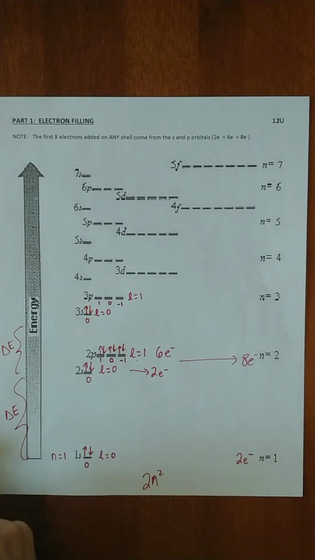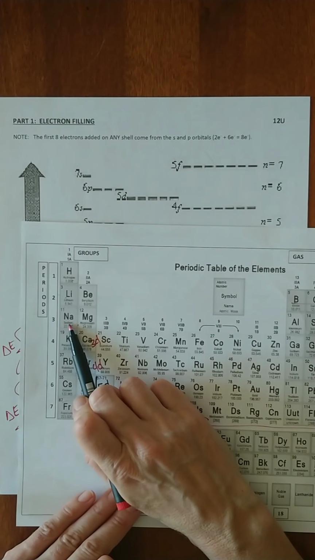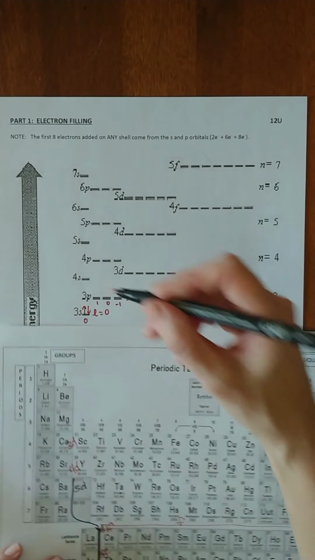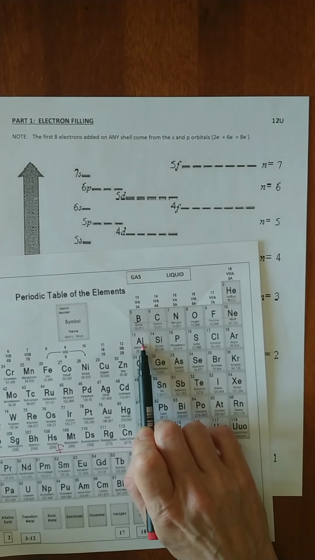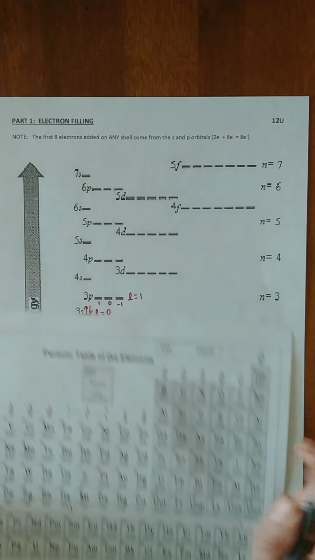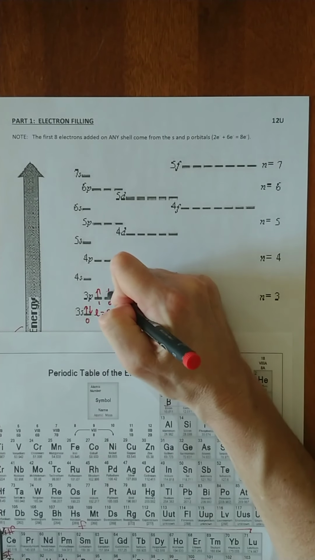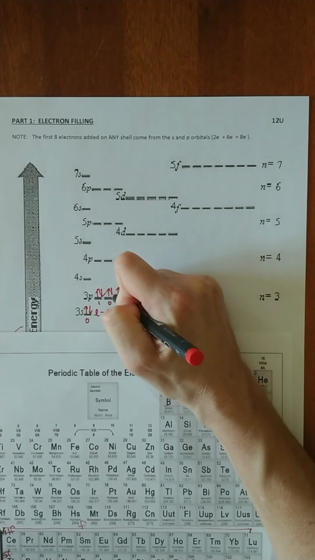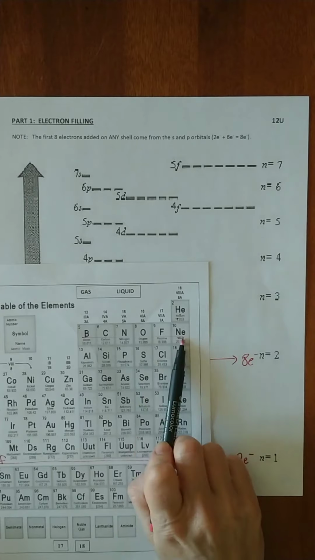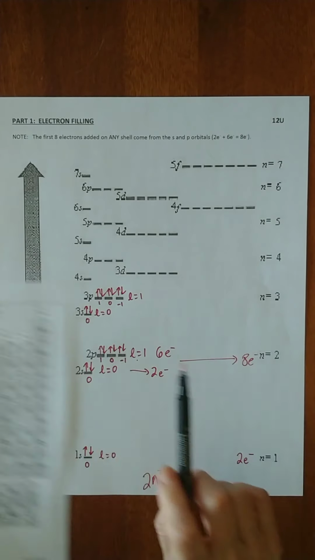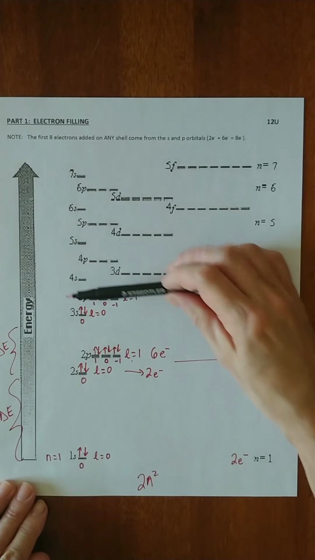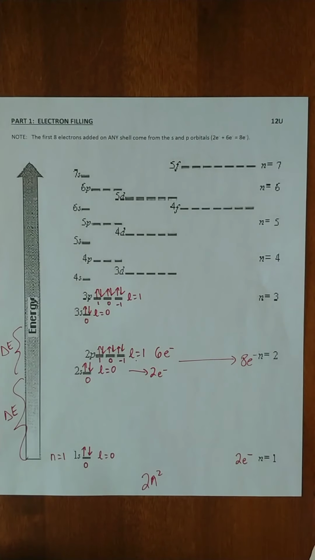So go into your periodic table, 1 for sodium, 1 for magnesium. Then you go to the P, and you'll have 1 for aluminum, silicon, phosphorus, etc. So 1, 2, 3, 4, 5, 6, and that 6th electron gets us to neon. So that's what the filling would look like if we stopped here. That would be the filling for neon.